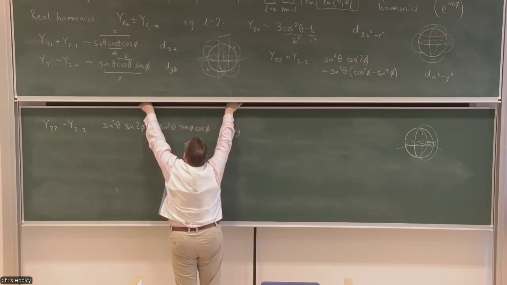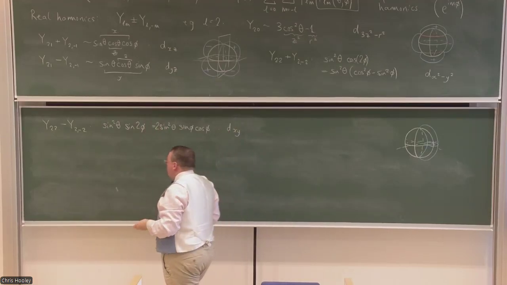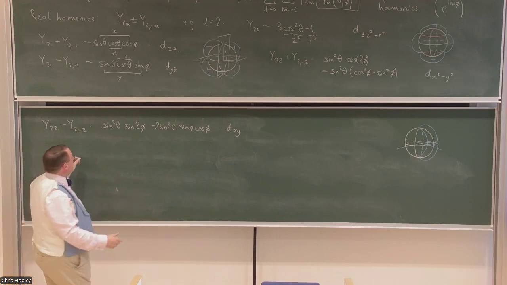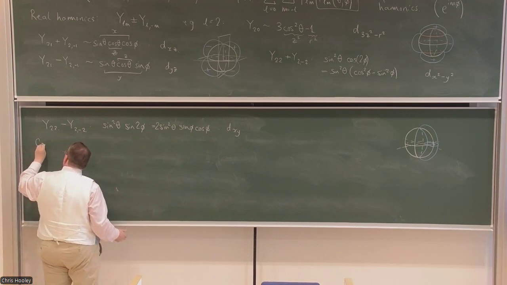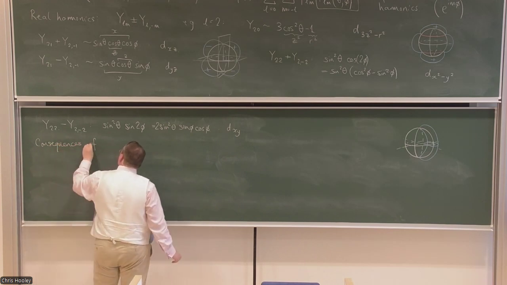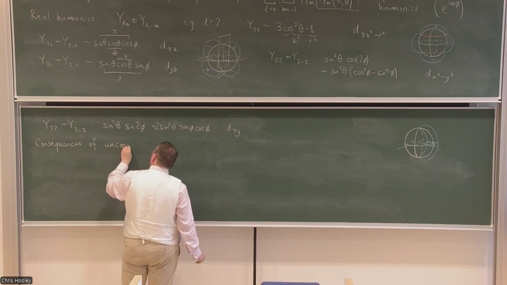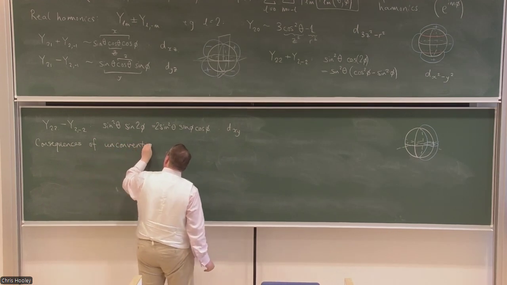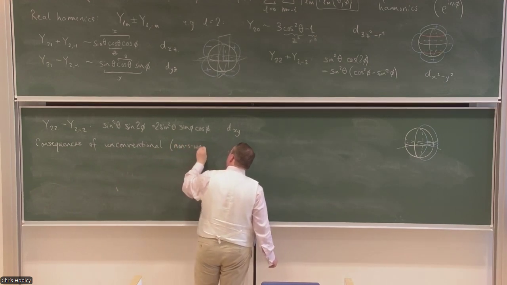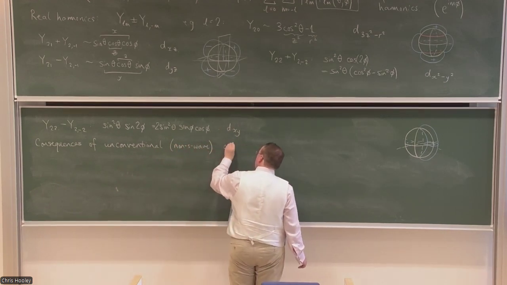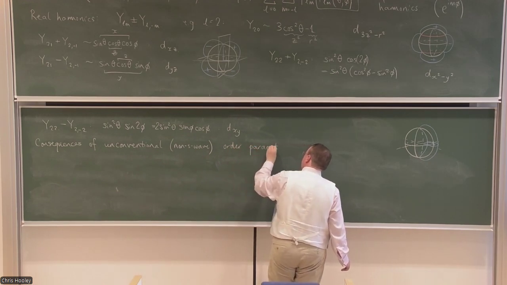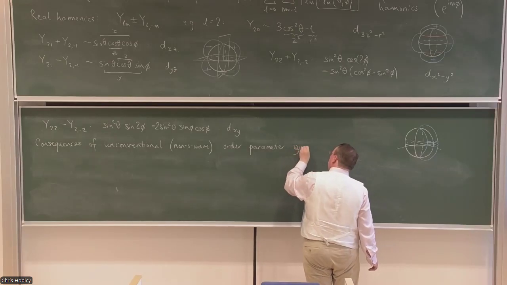Okay, so let's finish today just by talking about some consequences, which we'll unpack as we go into next week's lectures. So consequences of unconventional, an overused word, I really just mean non-S-wave order parameter symmetries.